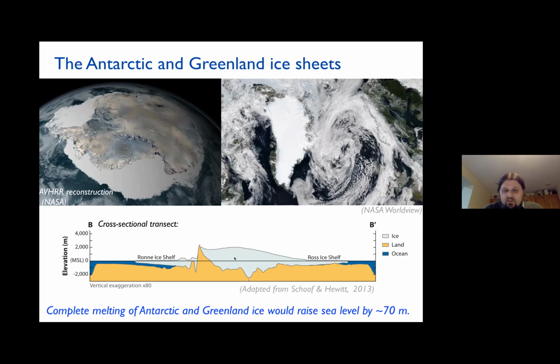So one of the current drivers of a lot of modern research on this topic is trying to build some understanding of what kind of changes are likely over the coming century or so. But also understanding how ice sheets might have changed in the past. And from my own perspective, it's also a pretty cool fluid dynamics problem too. So there's some nice, interesting physics wrapped up in that. Okay.